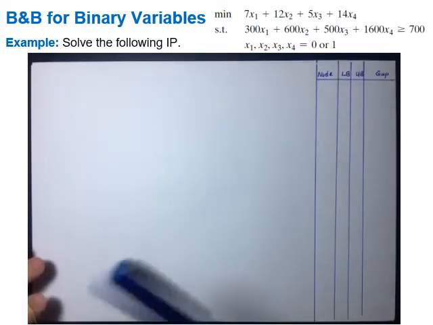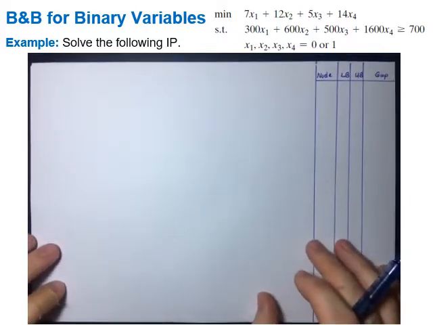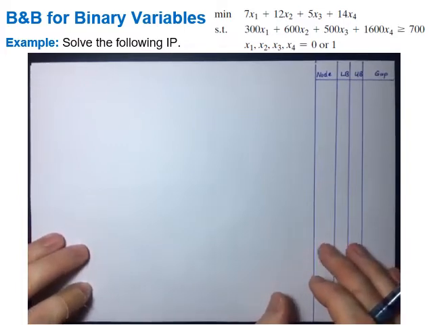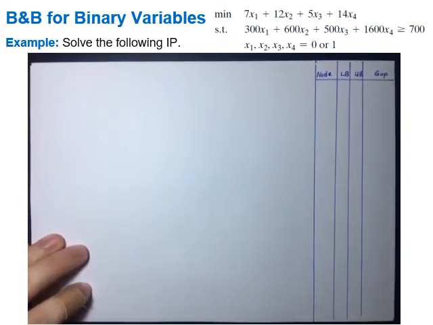Let's start. Okay, we will start with the root node, of course. So in the root node, we solve the problem with LP relaxation, and whenever we have integer variables, binary variables, sorry, 0 or 1, we relax them so that they should be in between 0 and 1.